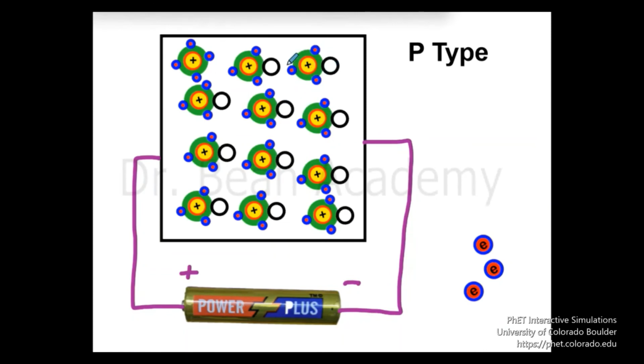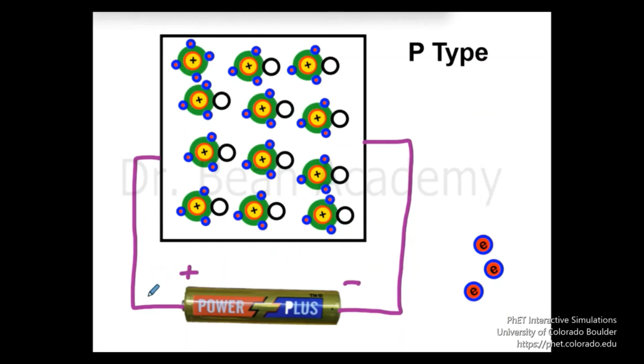They have 3 valence electrons, and then when they make covalent bonds with other neighboring atoms, a vacancy for an electron is left with other silicon atoms, because silicon has 4 electrons, an atom like boron has 3, so it makes 3 covalent bonds with 3 electrons of the neighboring silicon atom, but 1 vacancy is left because it cannot make bond with the 4th silicon atom. We have discussed it in detail.